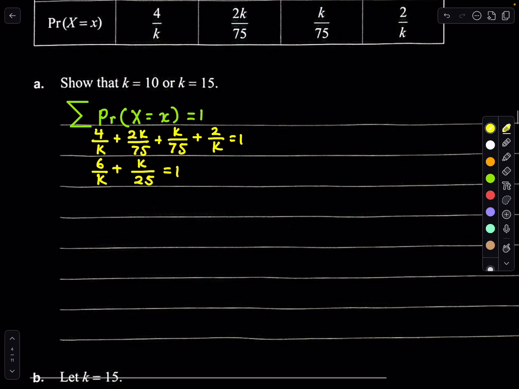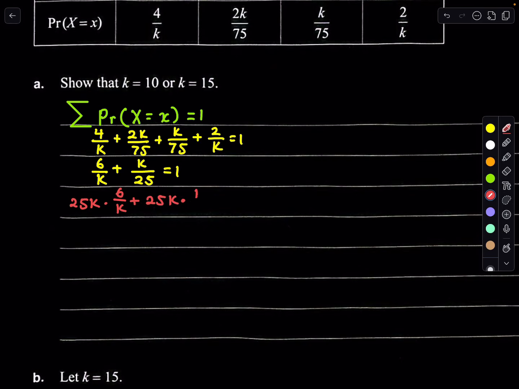And so we're basically going to find the common denominator, which in this case is 25k. So I'm going to multiply this whole thing by 25k. So 25k times 6 over k, plus 25k times k over 25, and 25k times 1.